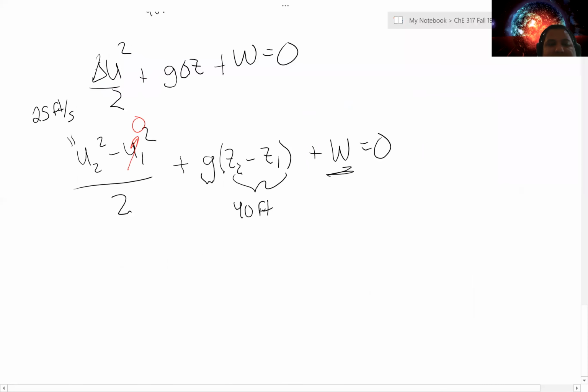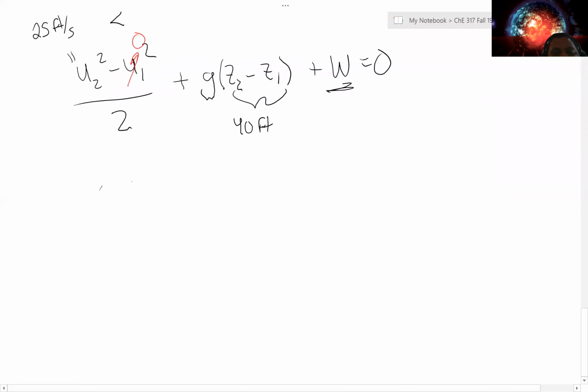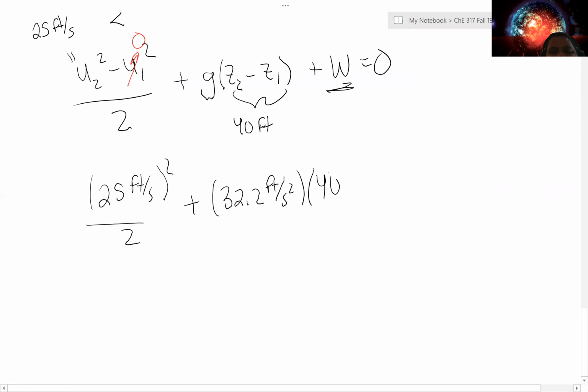So what I'm left with is 25 feet per second squared over 2 plus 32.2 feet per second squared times 40 feet plus W equals 0.